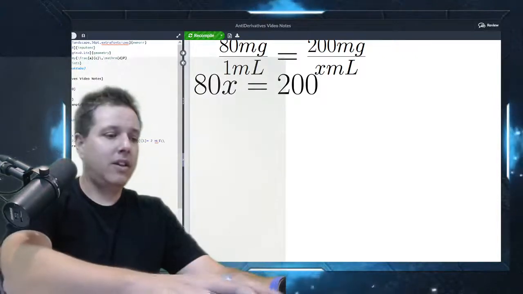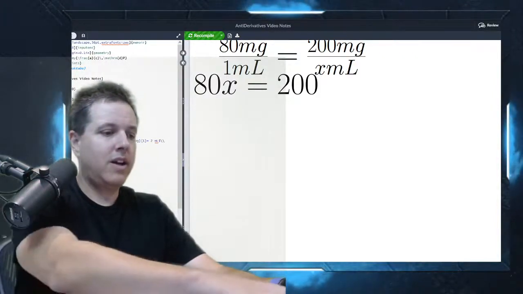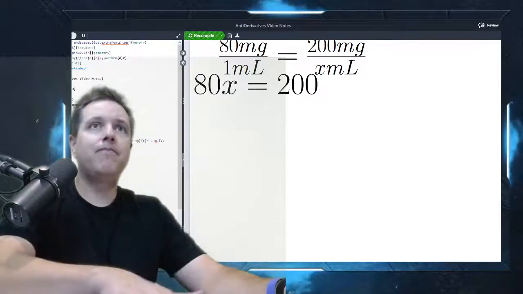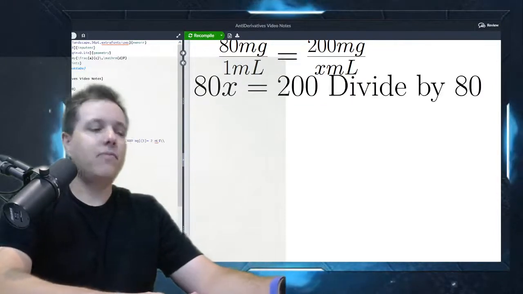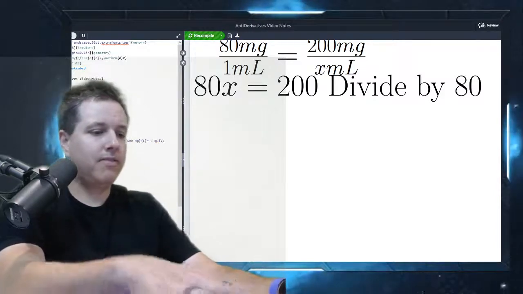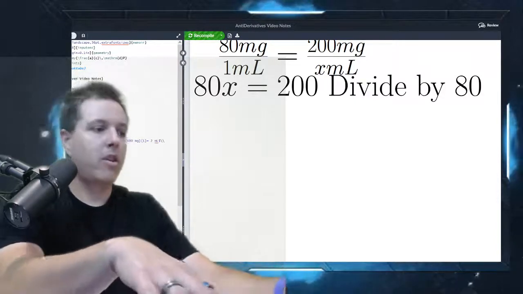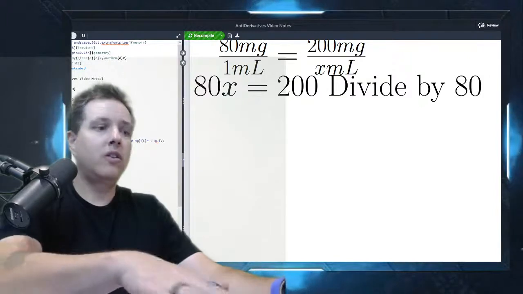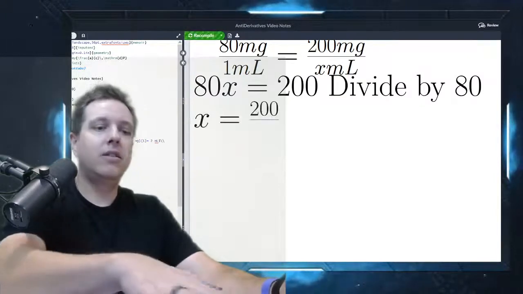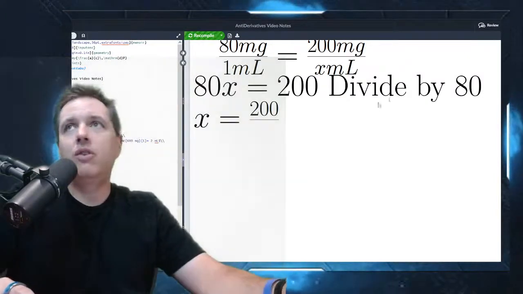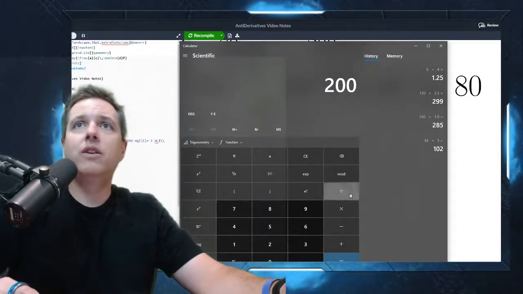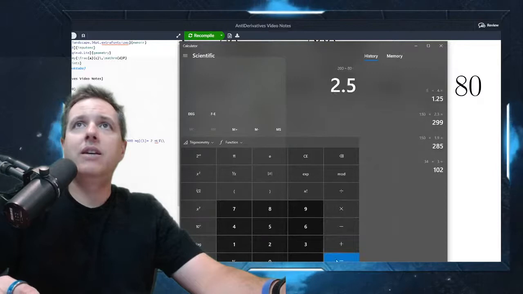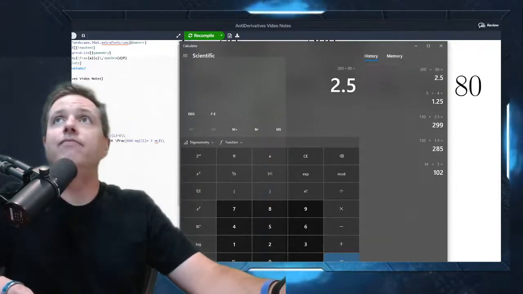And when we do that, we're getting x equals 200 over 80, which you could simplify or just throw in your calculator. 200 divided by 80 is 2.5.